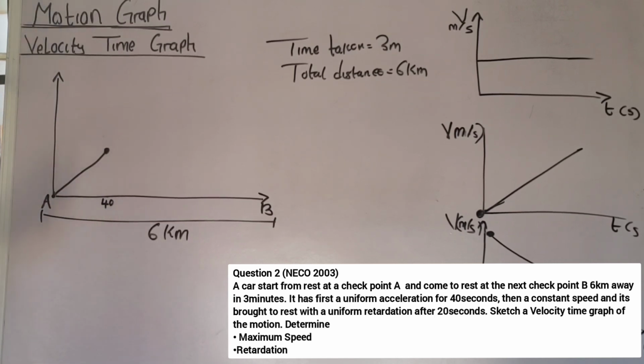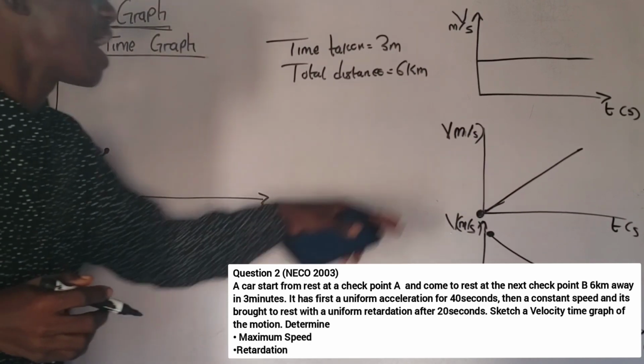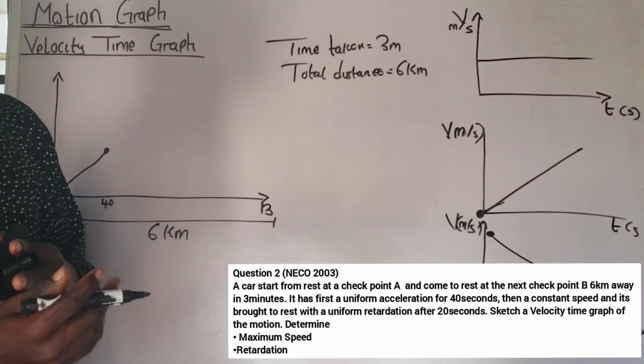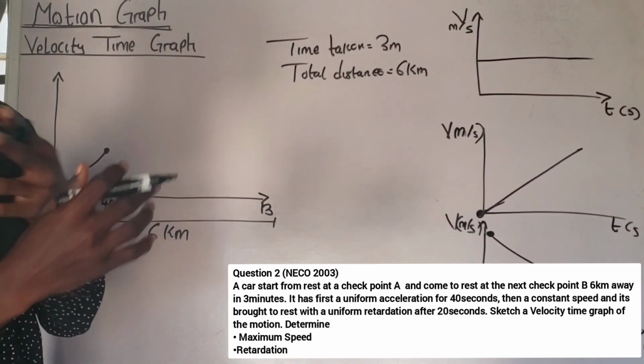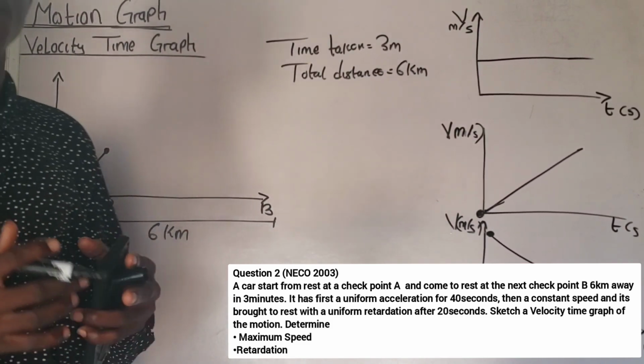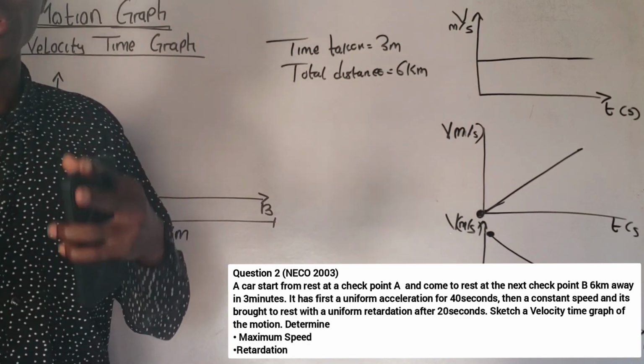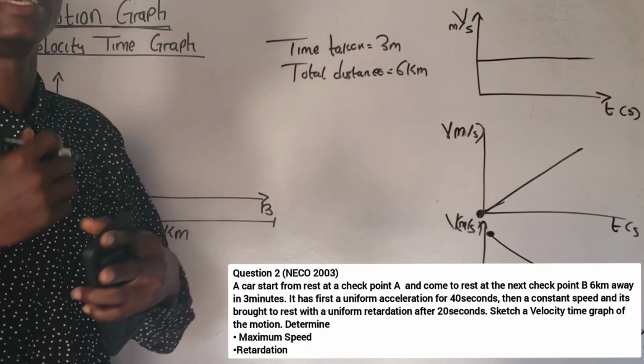Now, then a constant speed. That means that after it accelerates uniformly for 40 seconds, it maintains a constant speed. In a velocity time graph, speed and velocity are used interchangeably.